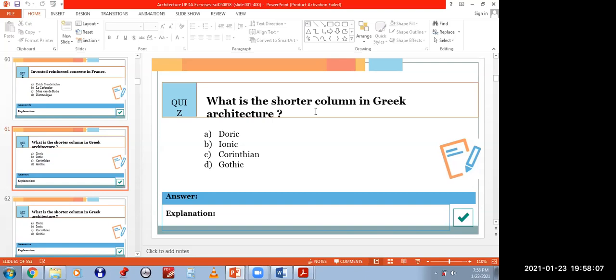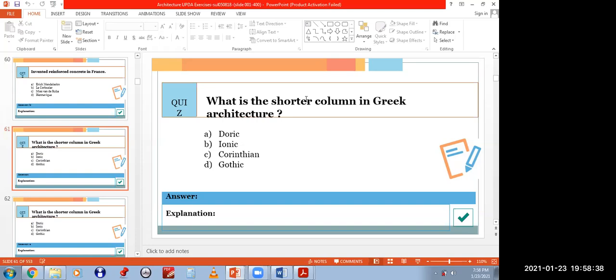What is the shortest column in Greek architecture? The Doric. Okay. What did I say were the parts of an entablature? The cornice, the frieze, and the architrave.